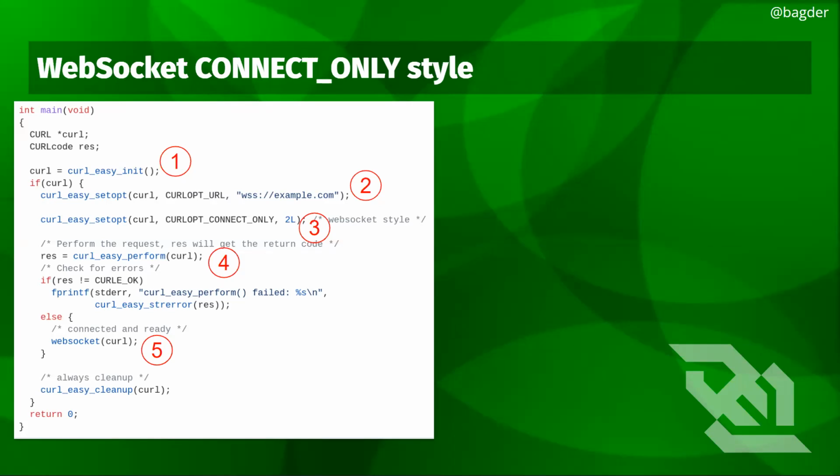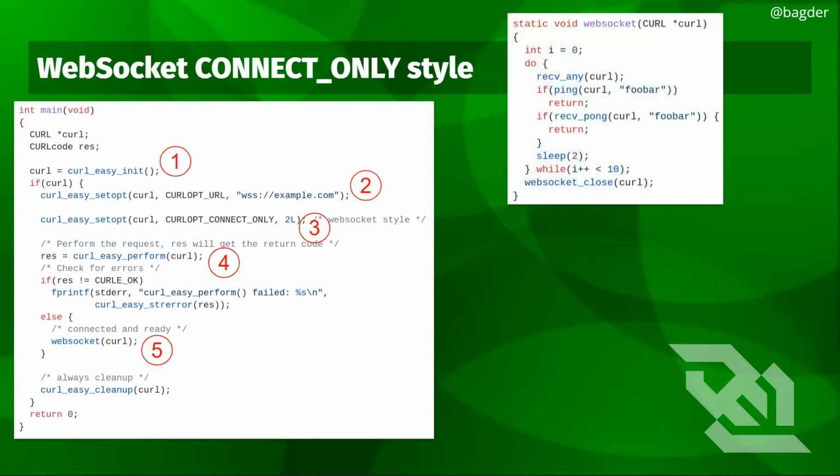So we call the local function I decided to call websocket. Very creatively named. But anyway, this is my very, very simple function websocket. And in my case here, you can see that it calls a function. This is mostly just a dummy function to show you how a particular WebSocket application could work, right?